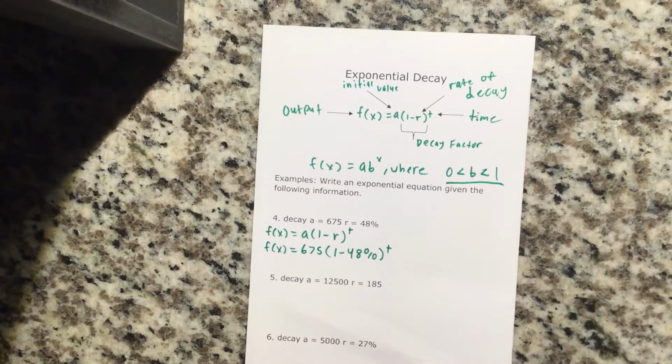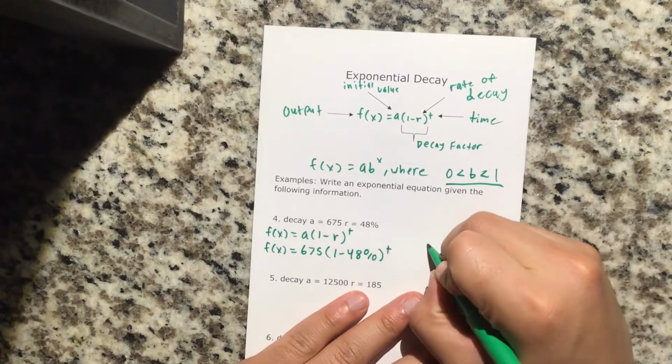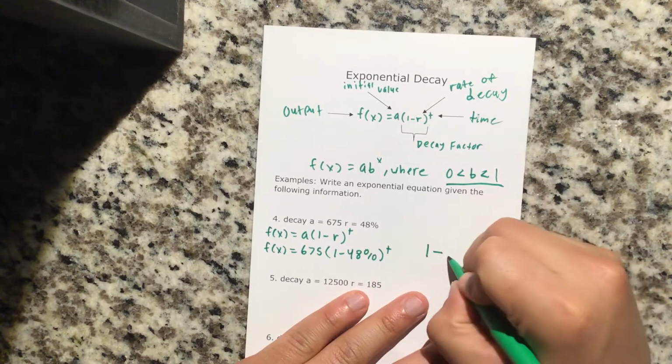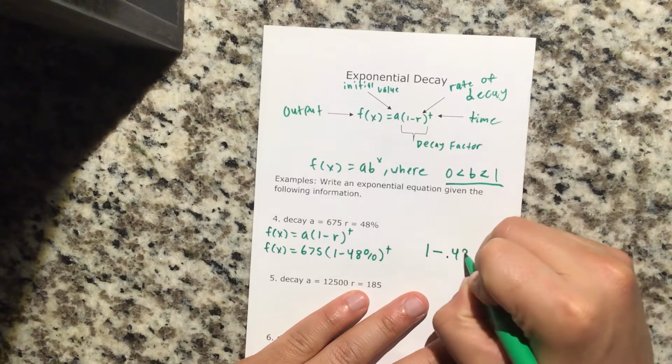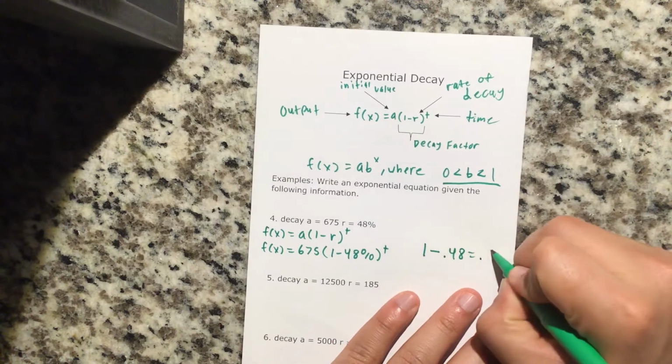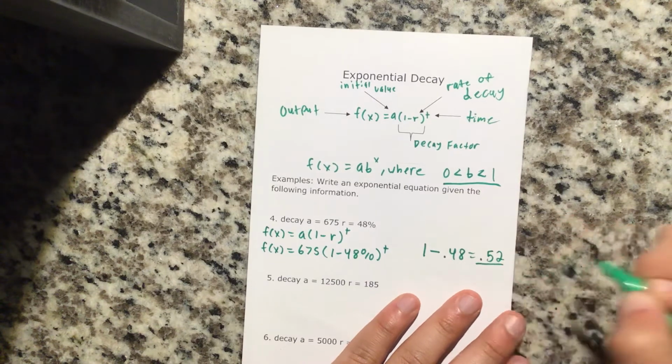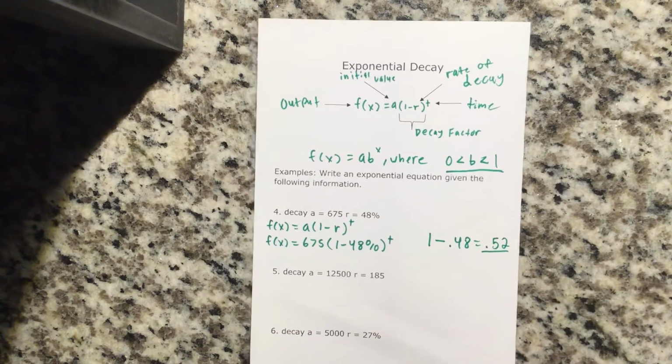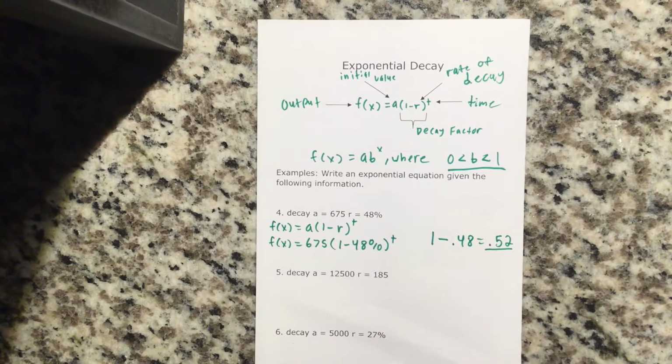So now we do a little math over here to the side. So instead of 1 plus our decimals, we're going to do 1 minus, and then 48% is 0.48, okay? And again, y'all have a calculator. You can type this in. 1 minus 0.48, you get 0.52. So that is my decay factor, okay? So we simplify it.